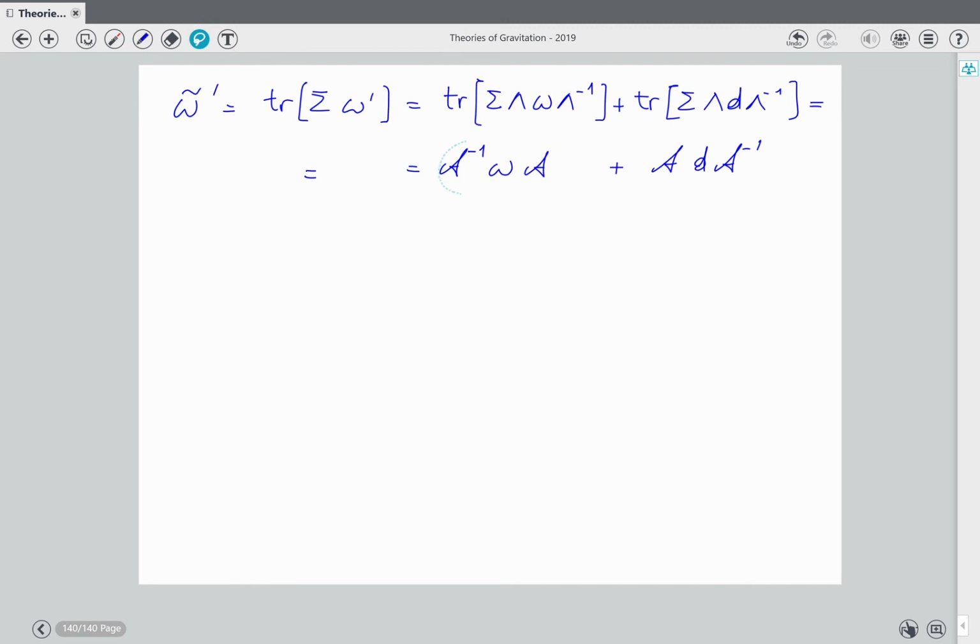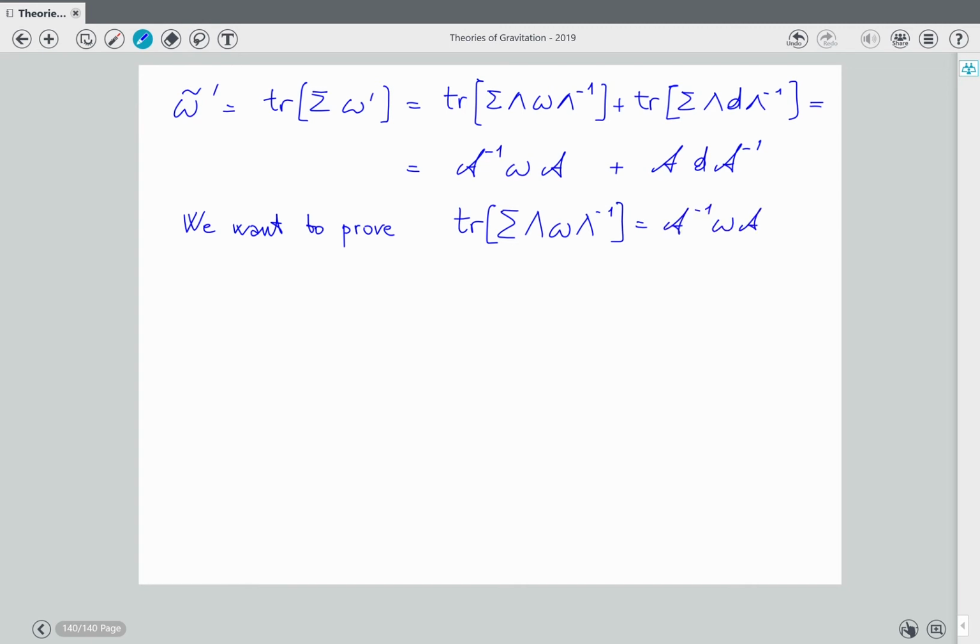And not surprisingly, the first term will be equal to the first term, and the second will be equal to the second term. So we need to prove that the first goes into the first, and the second goes into the second.